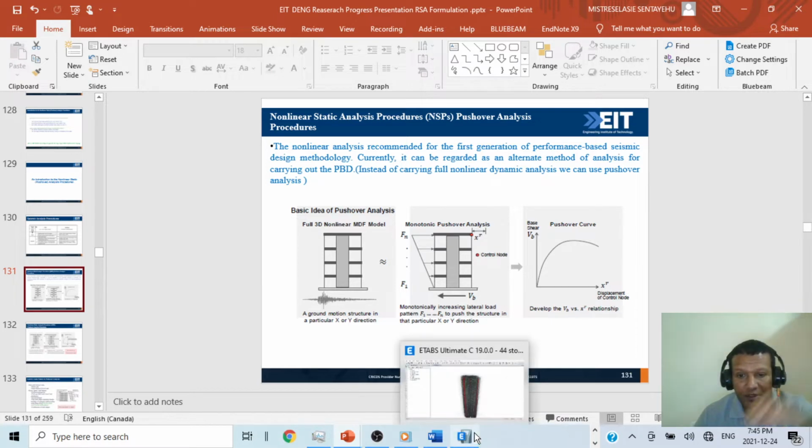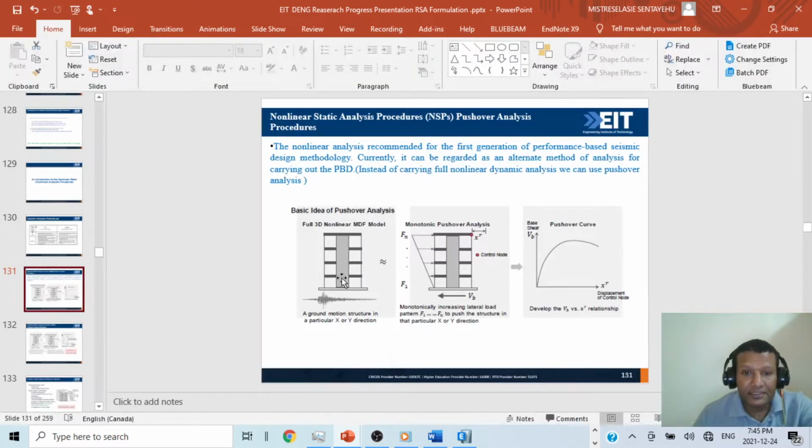For example, we have a nonlinear model here, with a control node. This is monotonic pushover analysis, which means we have only one mode.